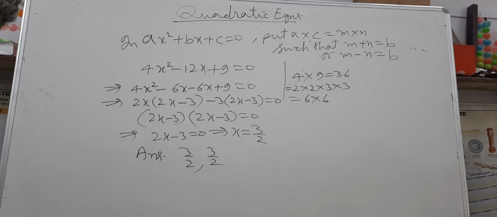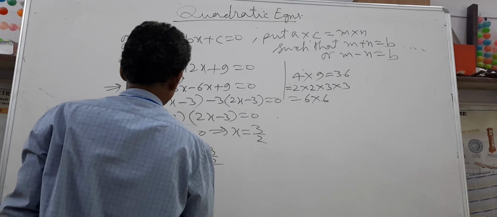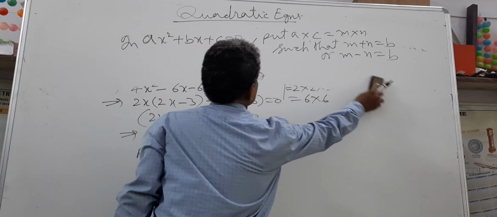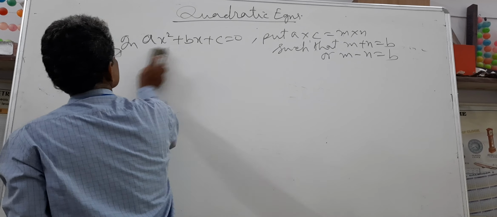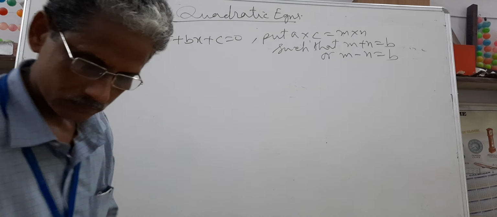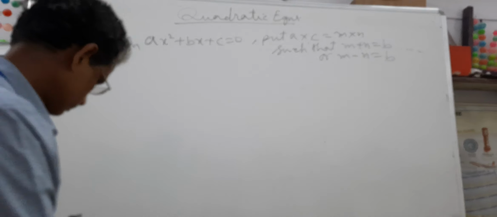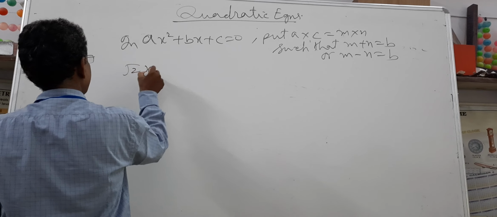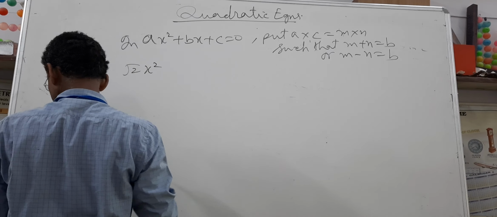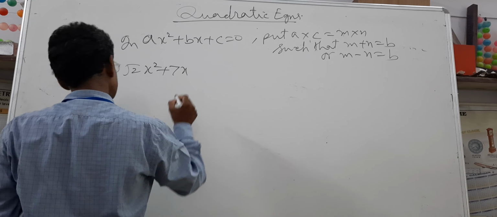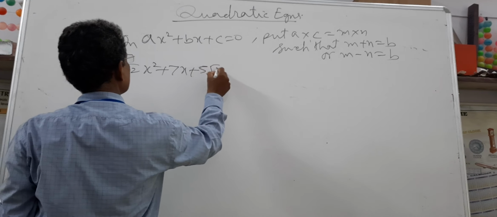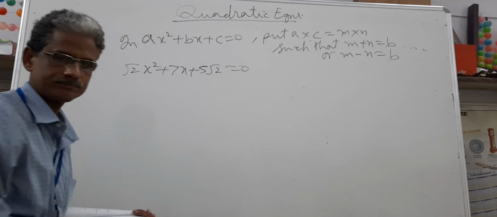Take another example. Root 2 x square plus 7x plus 5 root 2 is equal to 0.